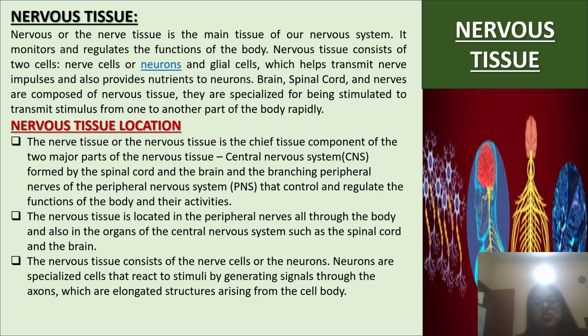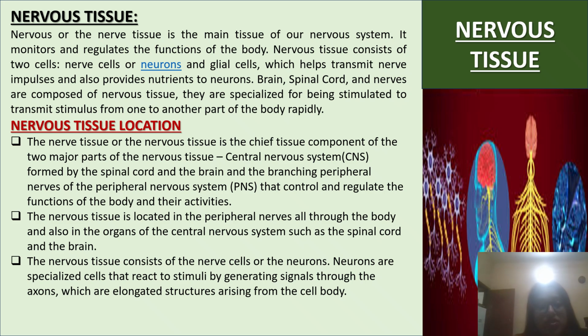Next, nervous tissue location. The nervous tissue is the main tissue component of the two major parts of the nervous system, that is the central nervous system formed by the spinal cord and the brain, and the branching peripheral nerves of the peripheral nervous system that control and regulate the functions of the body and their activities.